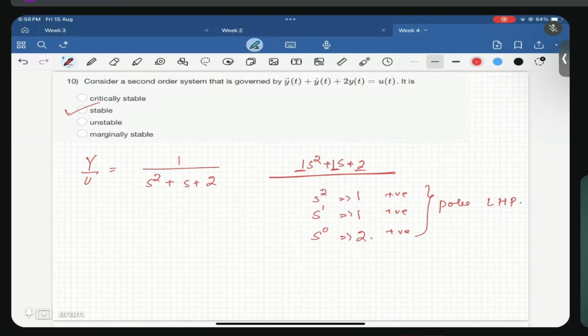Now what if you have a third order polynomial like s cube plus b s square plus cs plus d? What can we say about this polynomial? Can we generalize it for any nth order polynomial or not?